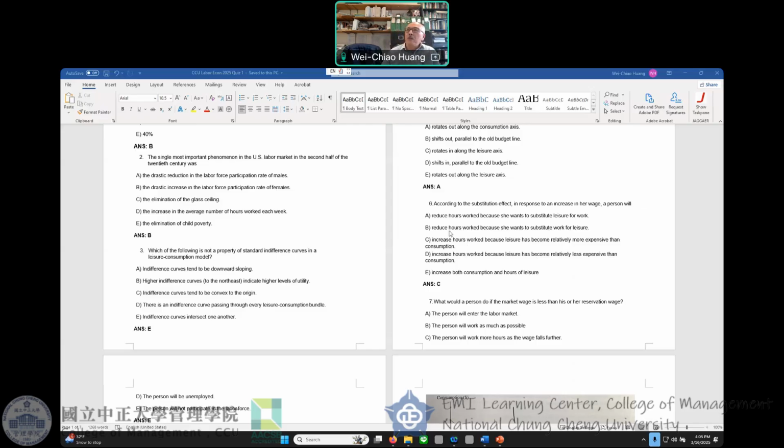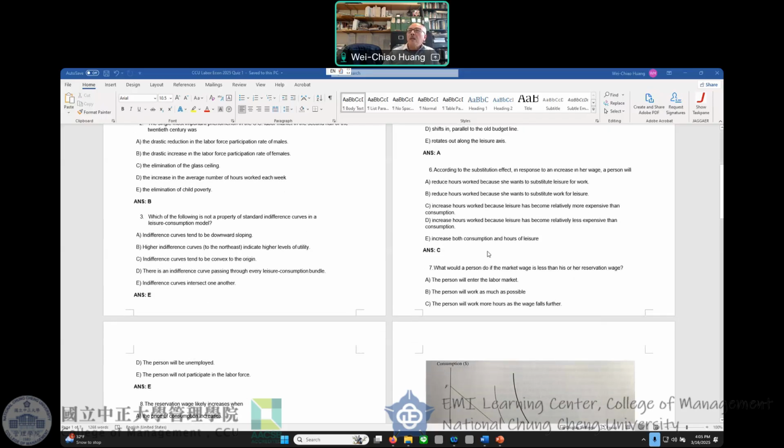The opportunity cost of leisure is the wage. So an increasing wage is an increase in the price of leisure. Leisure becomes more expensive, and the substitution effect is to substitute away from the more expensive thing, leisure, toward the cheaper thing. In this case, it's consumption. So the answer is C.